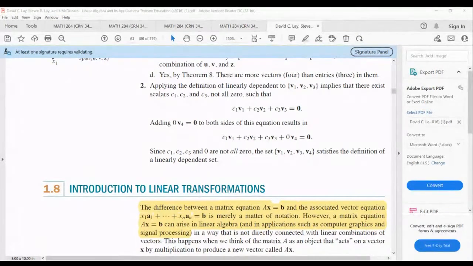And a matrix equation, though, can arise in linear algebra in applications such as computer graphics and signal processing in a way that is not directly connected with linear combinations of vectors. We can think of the matrix A as an object that acts on a vector x.